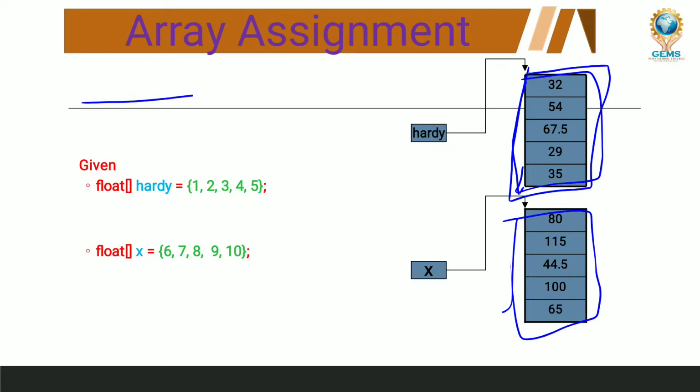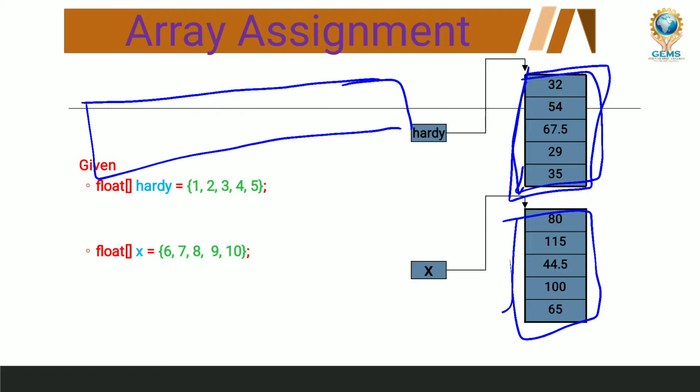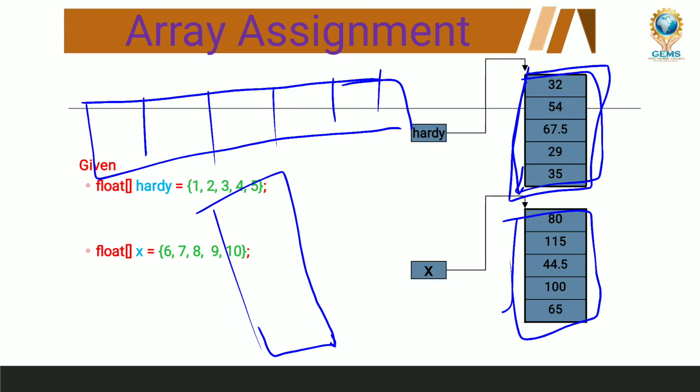A single line, a single array that may be in a horizontal position or it may be in a vertical position. So it doesn't have another vertical or horizontal line.